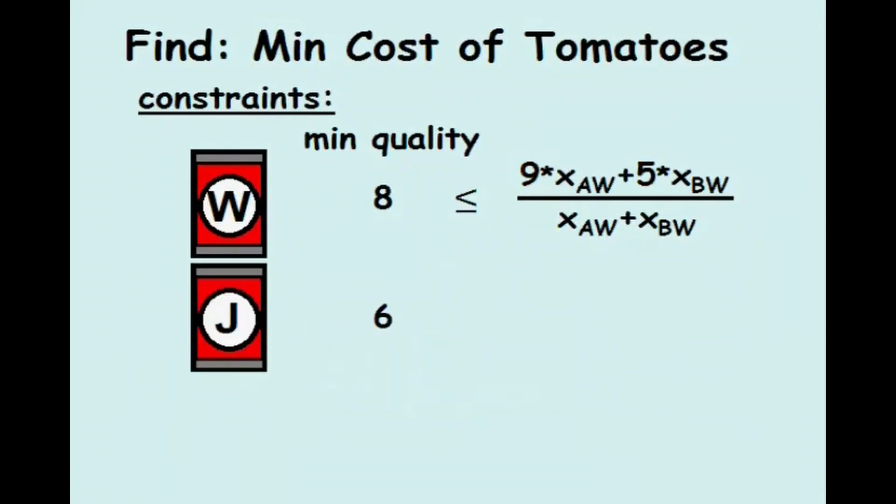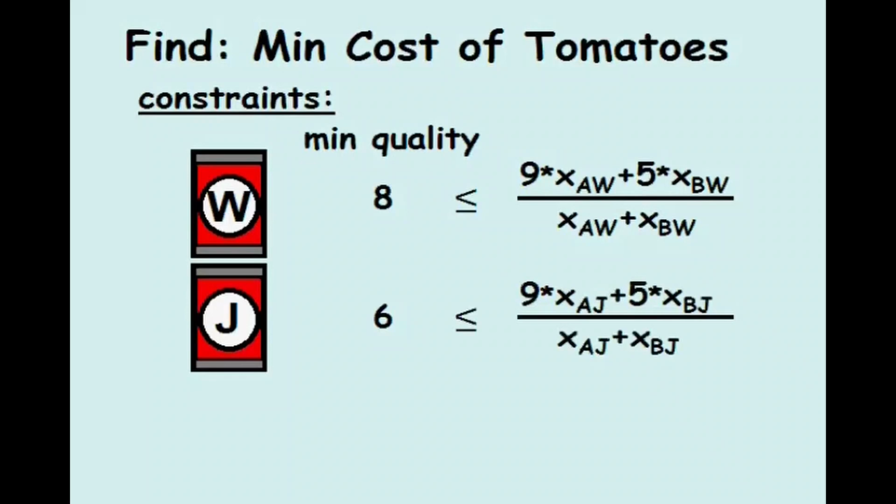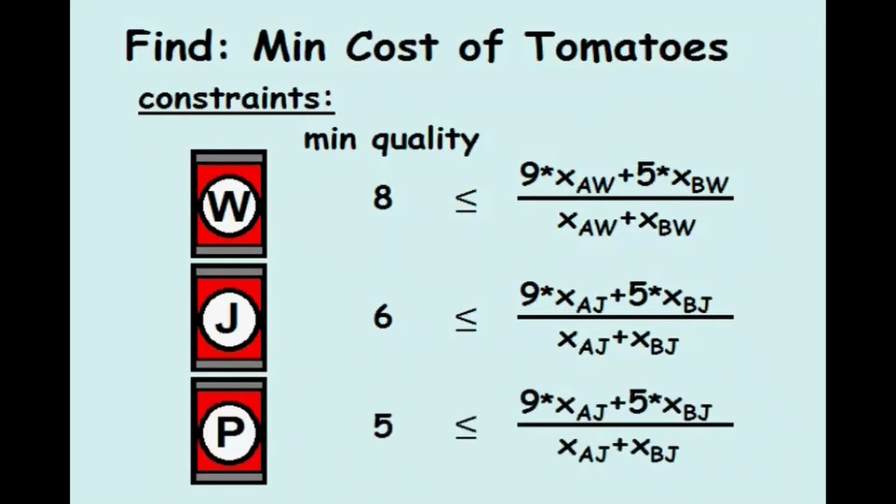The minimum quality rating required for tomato juice is 6. Therefore, the weighted average of quality rating must be at least 6. And the minimum quality rating required for tomato paste is 5.